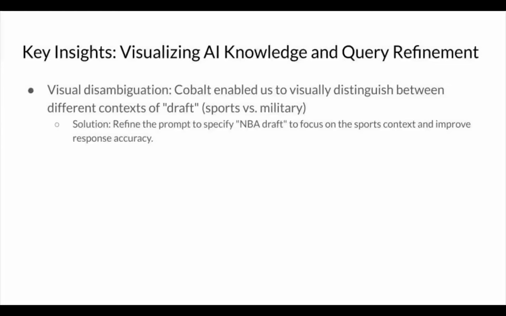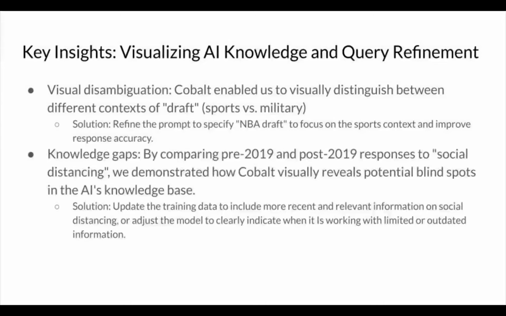Let's recap the key insights from our demonstrations. In our first example with the draft query, we saw how Cobalt's visual interface allowed us to quickly distinguish between sports and military contexts. This visual disambiguation led to more precise context-aware outputs, enabling us to refine our prompts more effectively. Our second demo, focusing on social distancing, illustrated how Cobalt visually represents data relevance across different time periods.